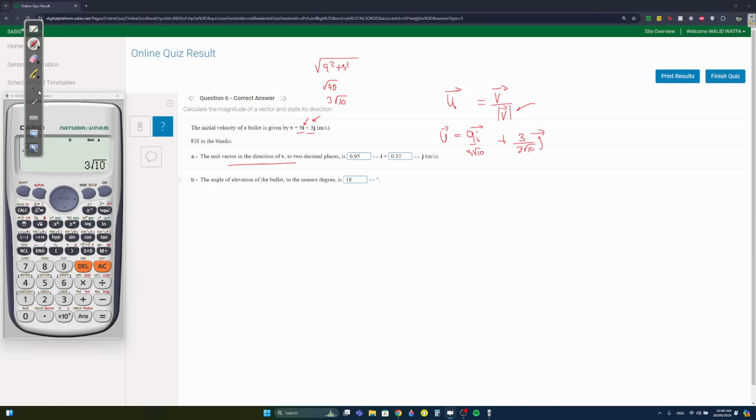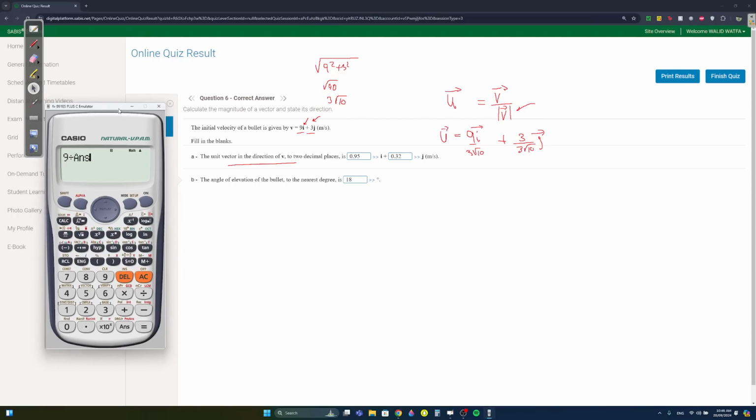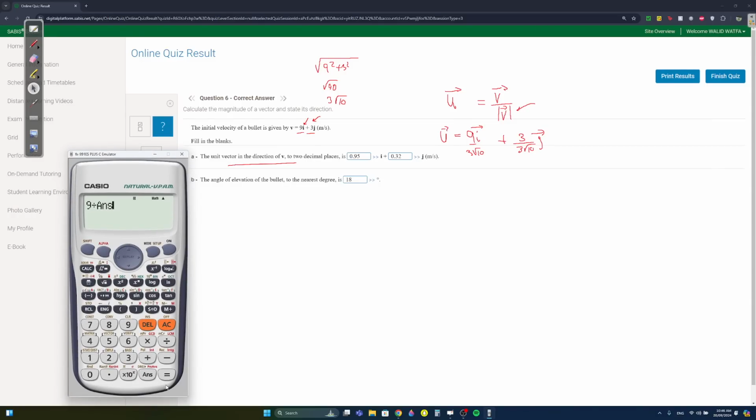They want it in decimals, so 9 divided by 3 radical 10, you get in decimal 0.95. Then 3 divided by 3 radical 10 is 0.32.